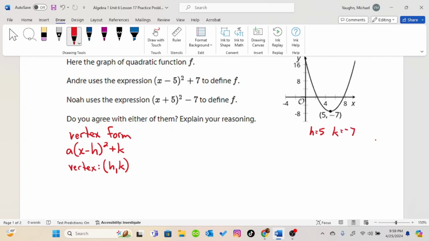So when we substitute those values in, we have a times x minus 5 squared plus negative 7. So now this becomes x minus 5 squared minus 7.